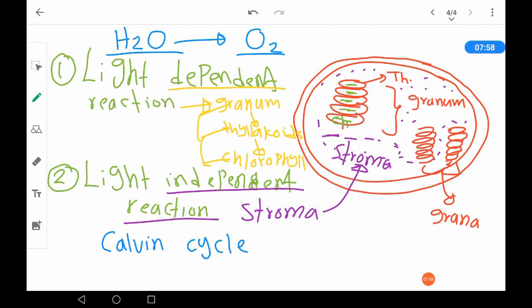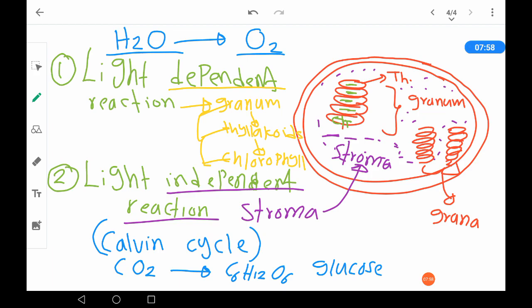In light independent reaction or in Calvin cycle, CO2 will be used and C6H12O6, which means glucose, will be produced. So these are the main principles of the photosynthesis process.